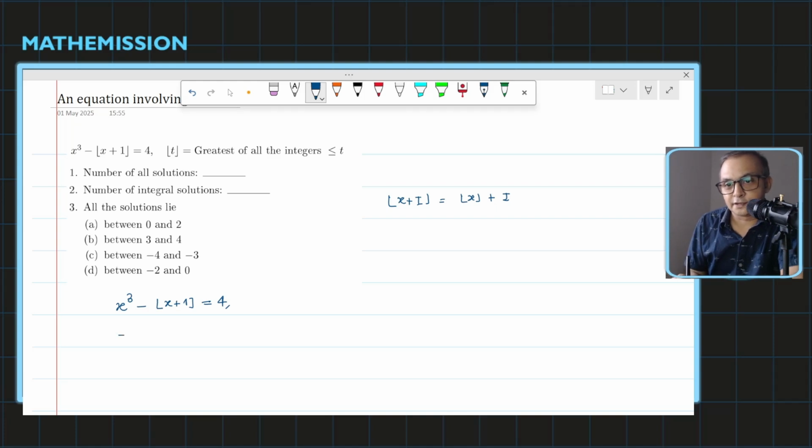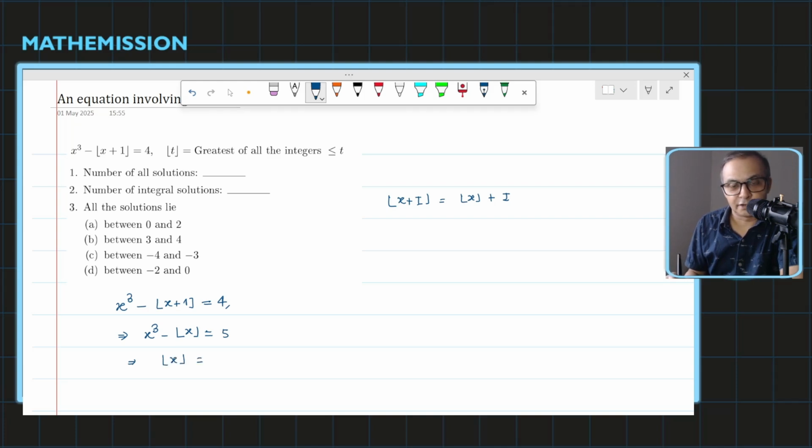In this way we can simplify this equation. This will become minus 1, and I can throw it on that side, so that will become 5.